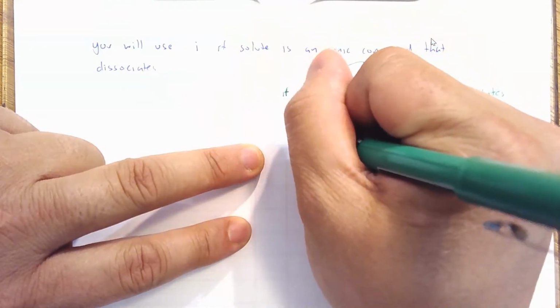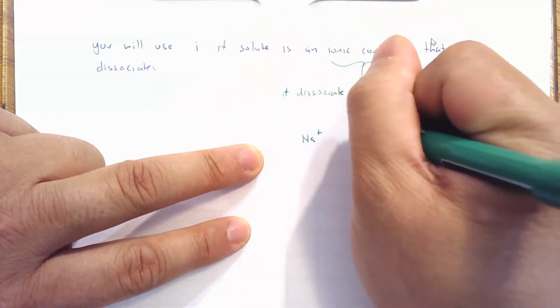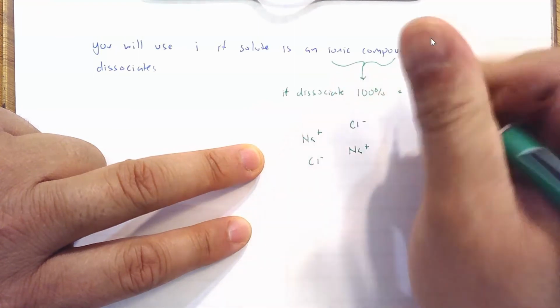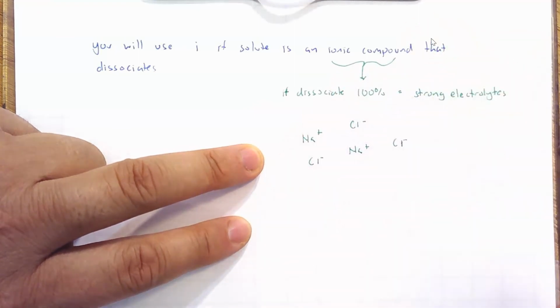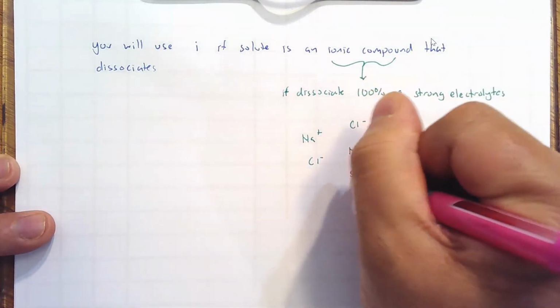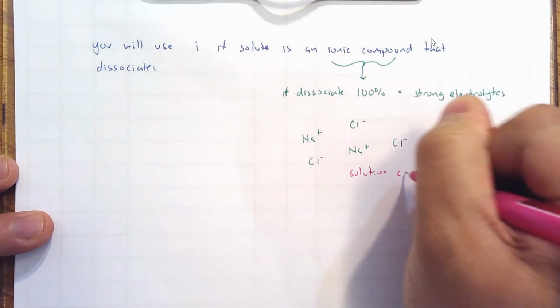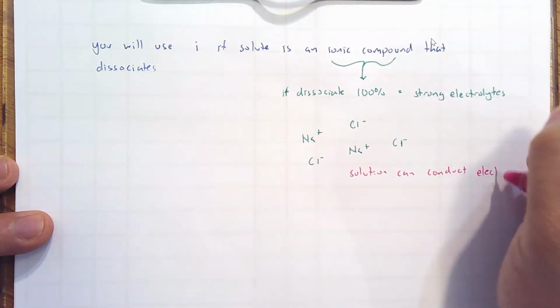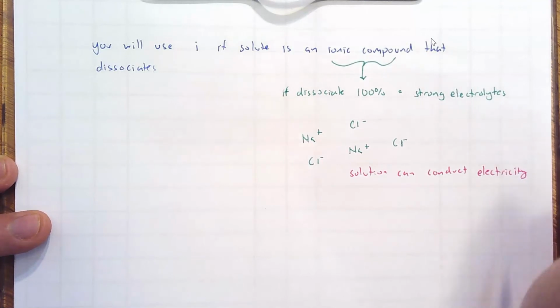So you have, for instance, Na+ and Cl- just floating around, so charge can travel through that water. So the solution can conduct electricity. Okay.